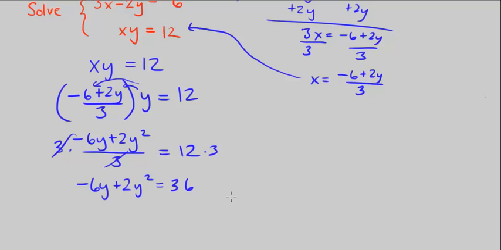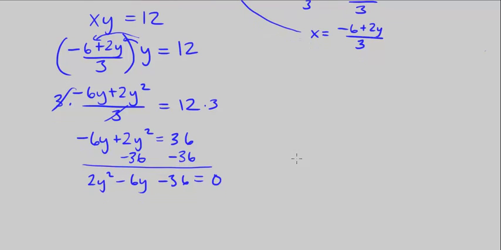Let's rearrange this. Let's move 36 to the other side, and we have 2y squared minus 6y minus 36 equals 0. Now what do we have here? Let me simplify this. Since it's equal to 0, I'm going to factor out a 2 first.